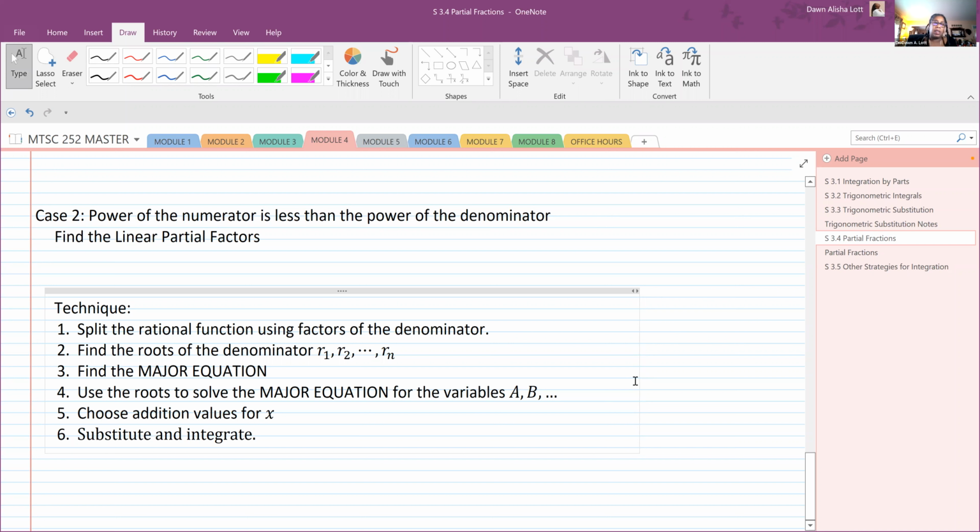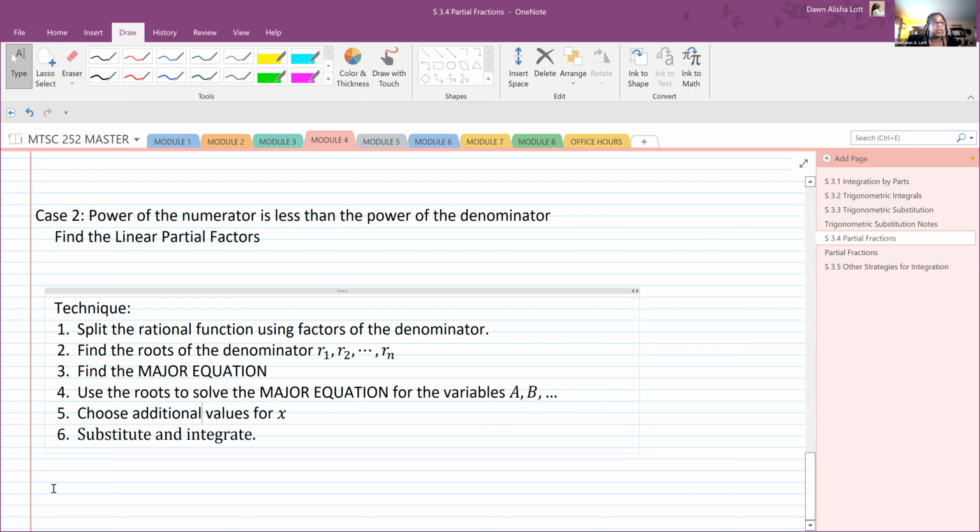What does that mean? That doesn't even make sense yet. Okay, we'll figure it out. Find the roots of the denominator, find the main equation, use the roots to solve the main equation for any variables we created, choose additional values if necessary, and substitute and integrate.